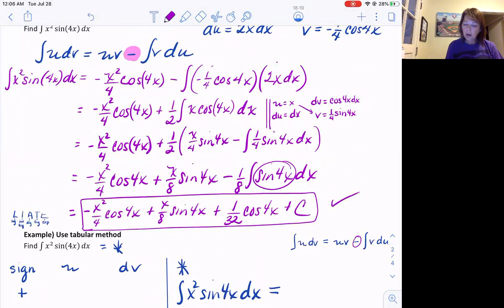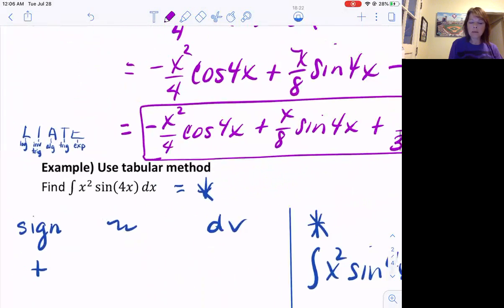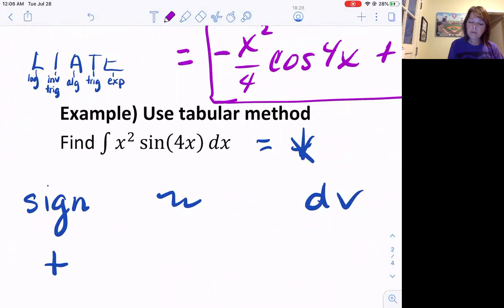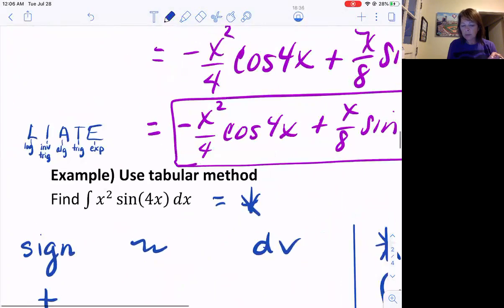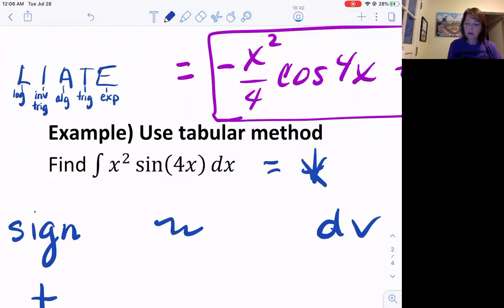Okay, so now what this guy, Jaime Escalante, said, there is an easier way to do this, and he discovered a pattern with it. Jaime Escalante, made famous by the movie Stand and Deliver. One comment I want to make: on the last example, we picked our U's because our U's were algebraic and then our DV's were trig.